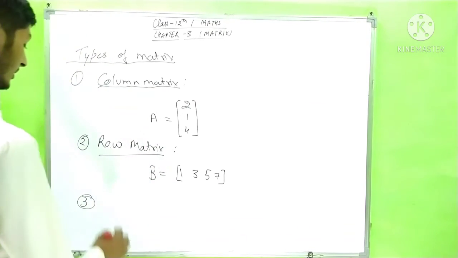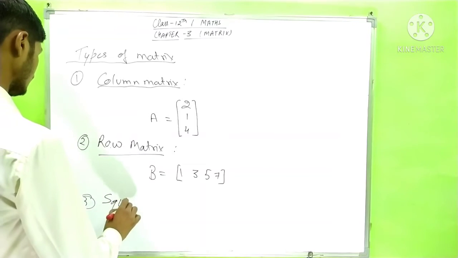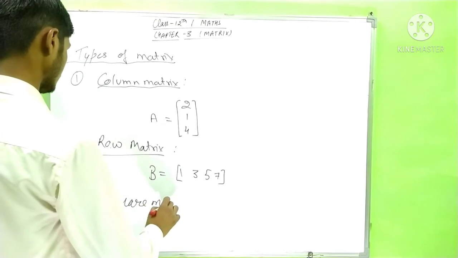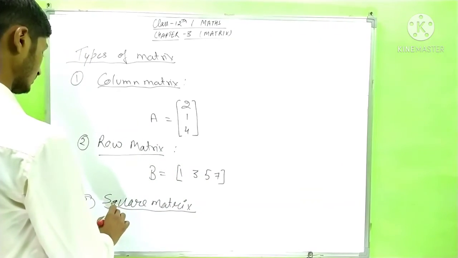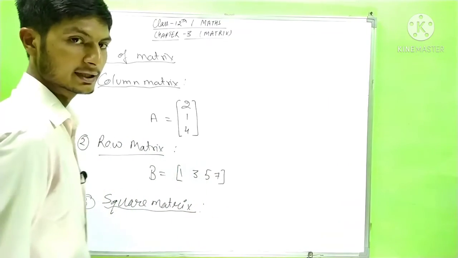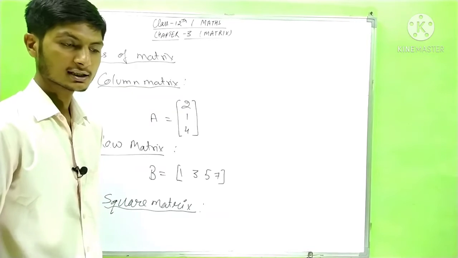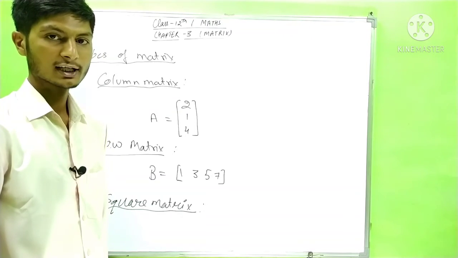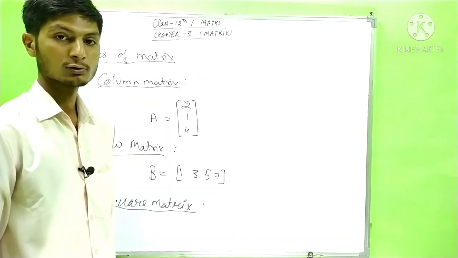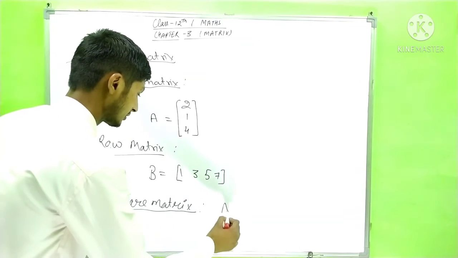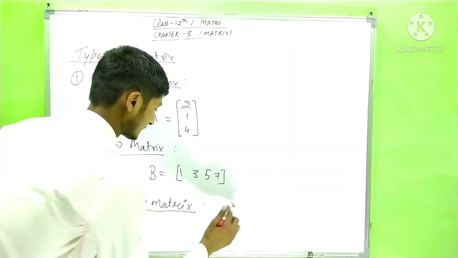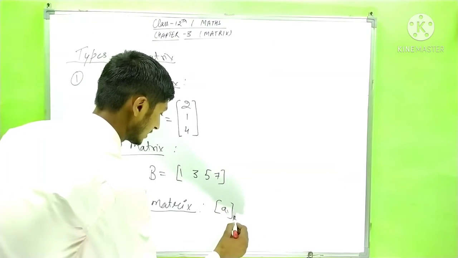Third is square matrix. A matrix is said to be a square matrix if the number of rows is equal to the number of columns, and this is denoted by m by n.